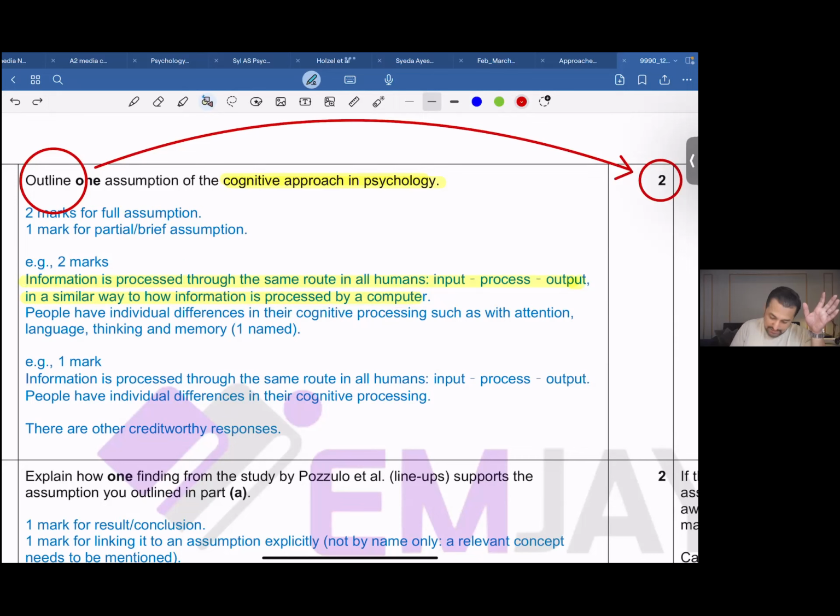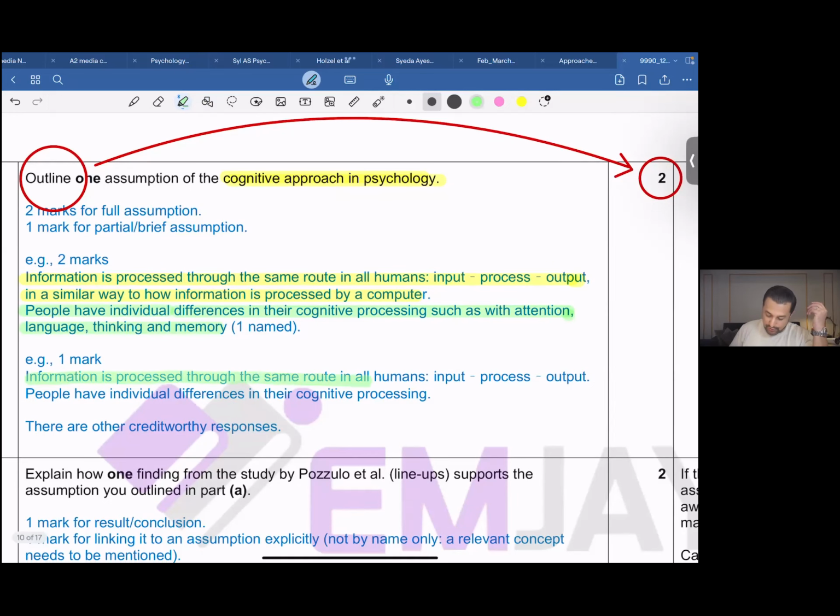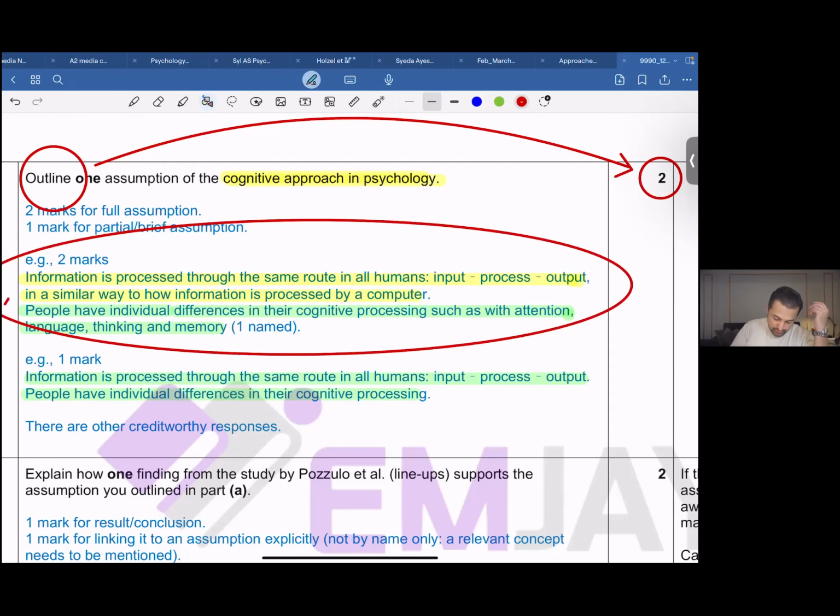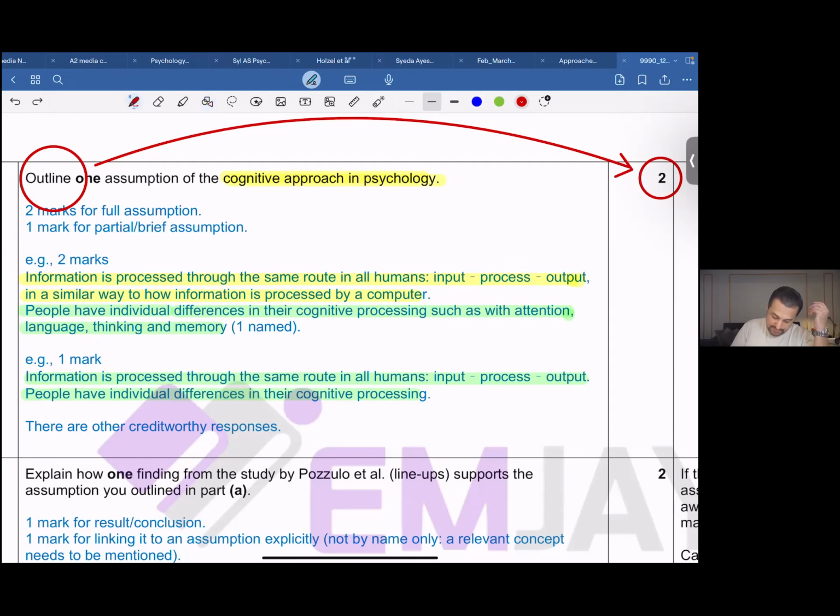Now, taking this ahead, people have individual differences in the cognitive processing, such as with attention, language, thinking, and memory. This would give you a single mark. And another example of 1 mark would be information is processed through the same route in all humans, input, process, output. People have individual differences in their cognitive processes. So make a comparison. I'm sure you'd be able to understand this, it is pretty self-explanatory.